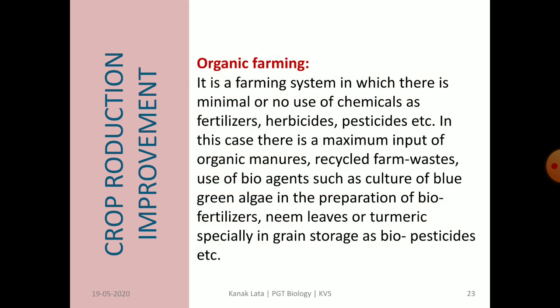Now let us see about organic farming. Organic farming means where there is minimum or no use of chemicals such as fertilizers, pesticides, herbicides, insecticides, etc. Only manure and compost can be used here. We may use biofertilizers made up of blue-green algae, and neem leaves or turmeric for grain storage, and these are used as biopesticides.